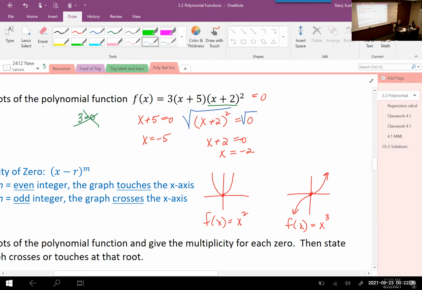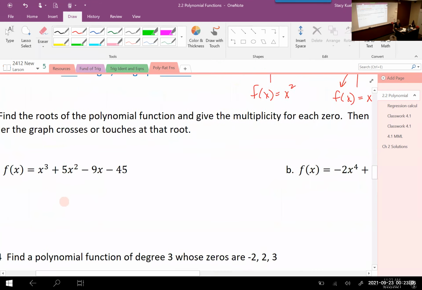Are we crossing or are we touching? We're crossing. We're crossing because it has a multiplicity of 1, doesn't it? What are we doing at x + 2? We're touching. Those are also called repeated roots, the even ones. Okay?